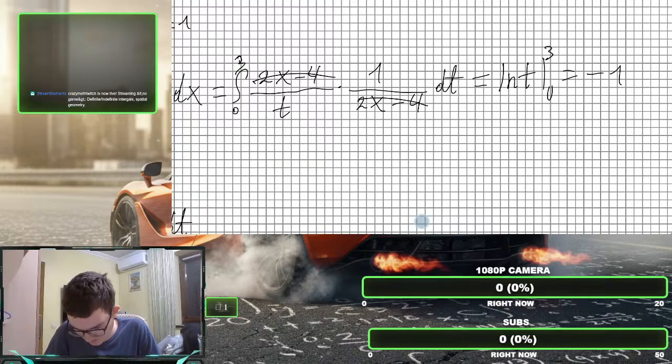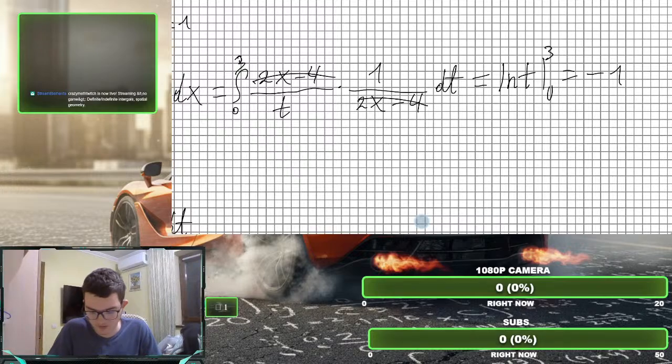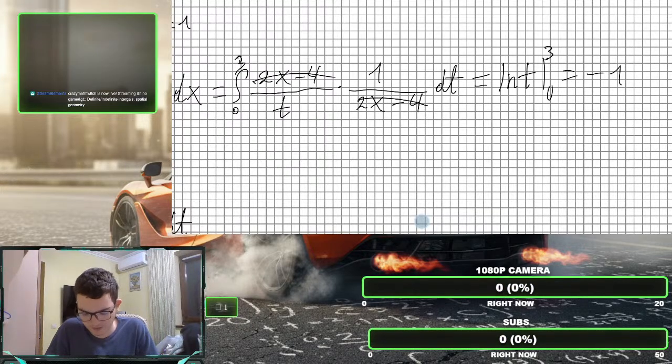And I think it did not get it correctly. So yeah, it did not get the condition correctly.